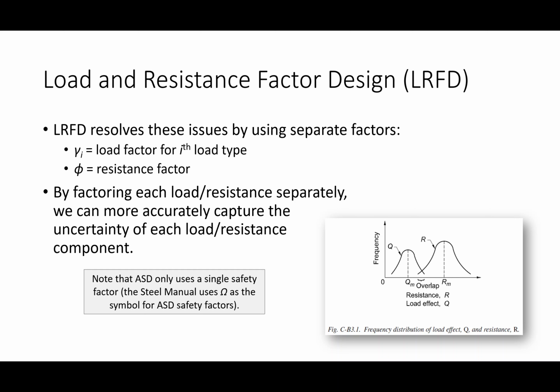And one of the ways that you can easily discern that is, I don't know if anybody has started opening their manual and just started flipping through it and seeing stuff like this. Has anybody seen this? If you open it, you will see these colored tables, okay? Anything that's green is ASD, and anything that's blue is LRFD, okay?